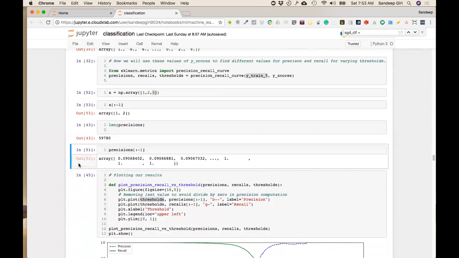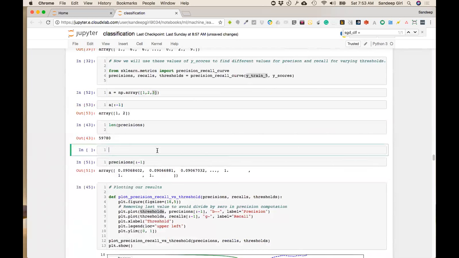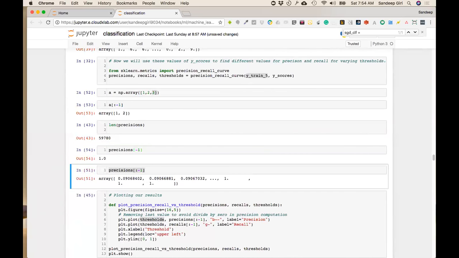So we had already calculated the precision. How do I go with the length? Okay, I'll just show you this. Length of precision is how much?